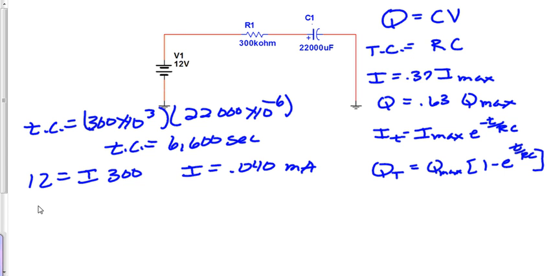Now what about charge maximum? So charge maximum, or Q max. Now, when this capacitor is totally full, all of the volts will be on it, and there will be no volts on this resistor because the current would have dropped to 0. So then I'll say my charge maximum is C times V, so 22,000 multiplied by 12.